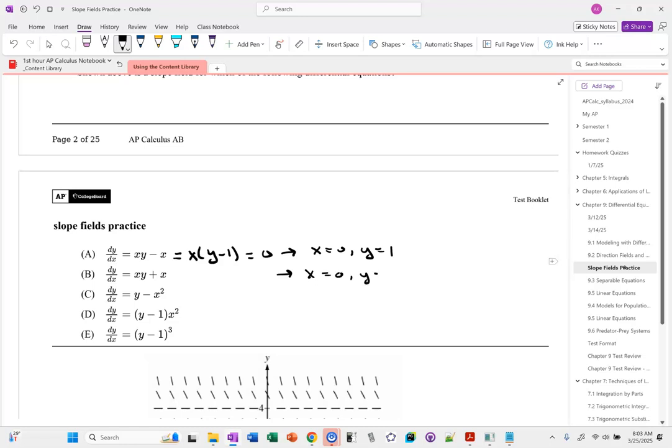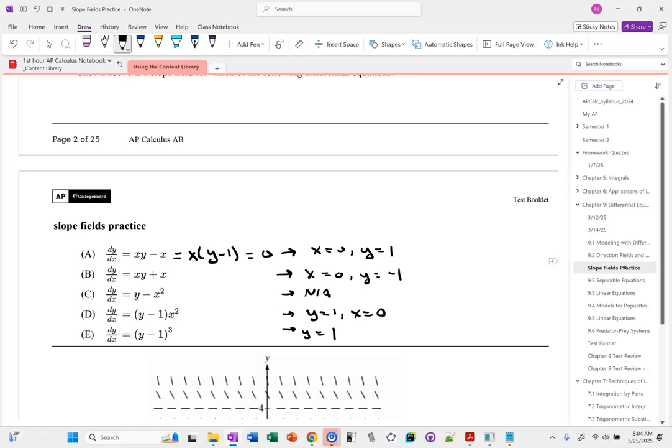At some point, I'm going to stop showing the algebra. Is everybody okay with me just looking at the equation and writing them down?